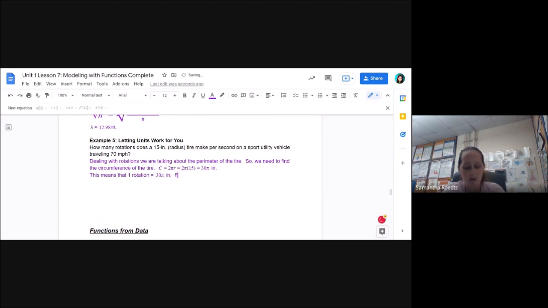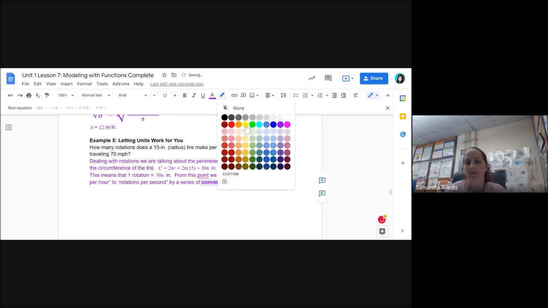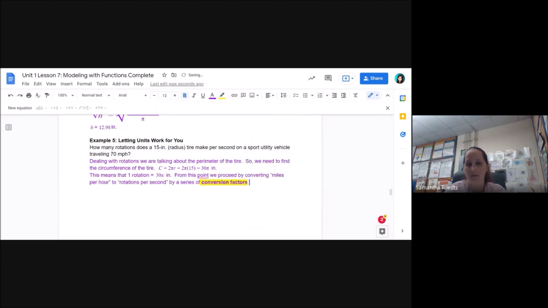From this point, we proceed by converting miles per hour to rotations per second by a series of conversion factors that are really factors of 1.